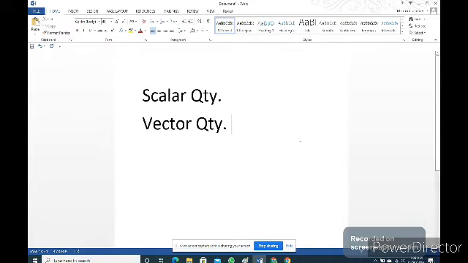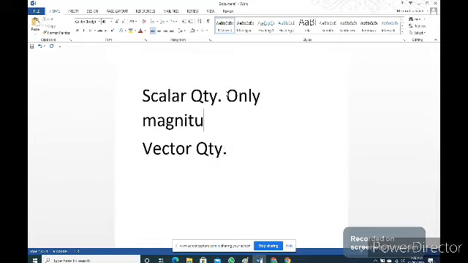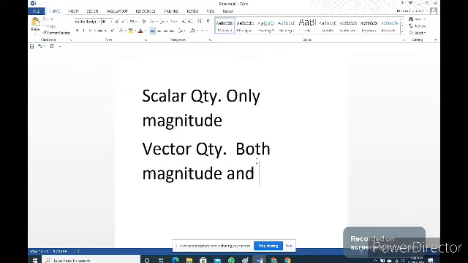Vector quantity has both magnitude and direction. Examples of scalar quantities are speed, distance, etc. Vector quantities are displacement, force, etc.